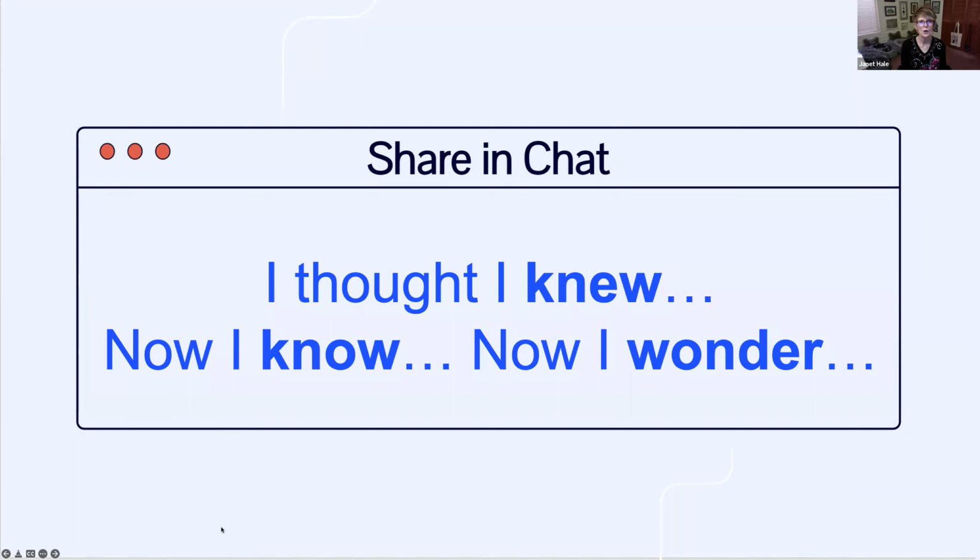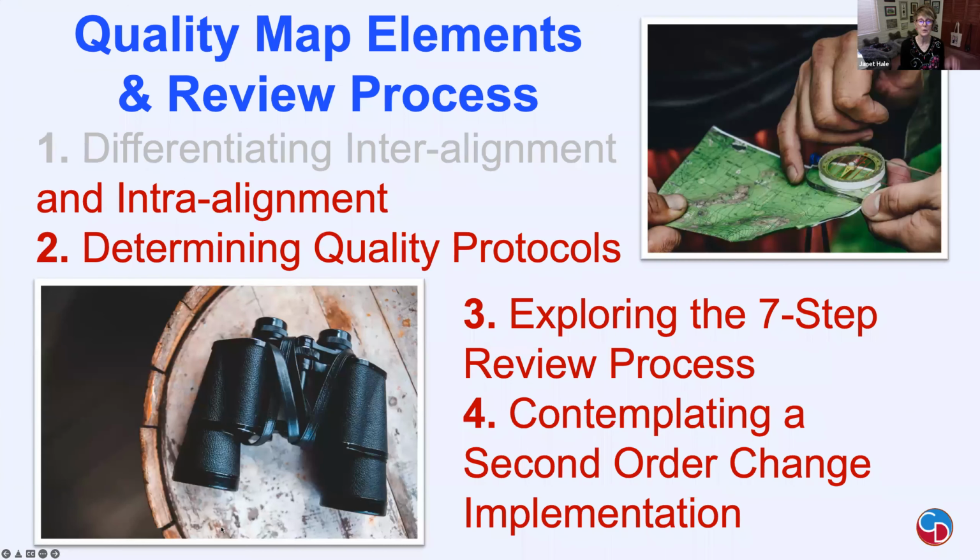Just as a reminder, everyone, up to this point we've talked about interalignment, the interalignment of all the different maps and all the different grade levels, and even, if you want, all the different disciplines. Now we're going to look very specifically at intra-alignment. The difference is intra-alignment is within one unit of study.